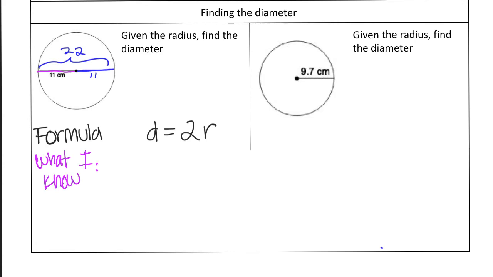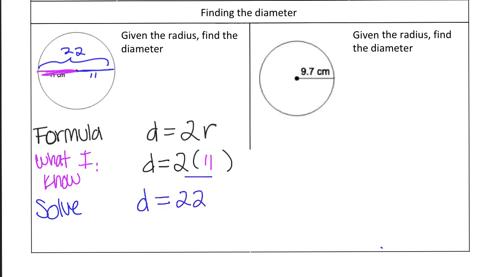Well, I don't know the diameter, but I know that it's 2 times, and my radius is 11. And then I solve. So the diameter equals 2 times 11 is 22 centimeters. Okay, that's it.